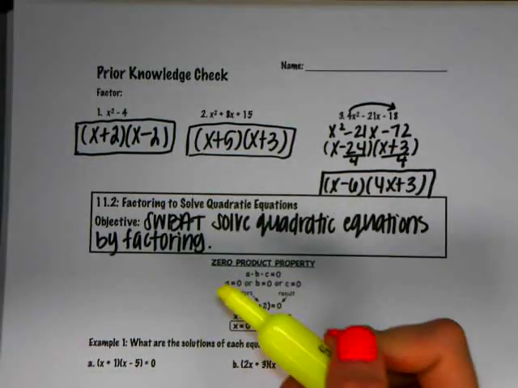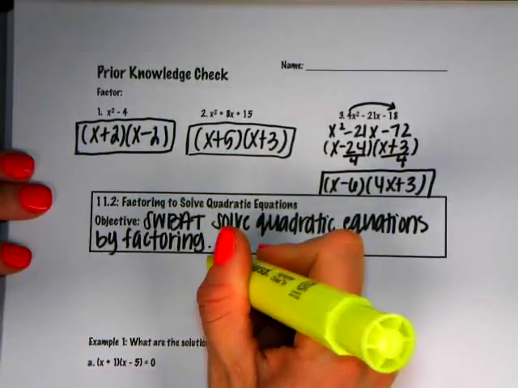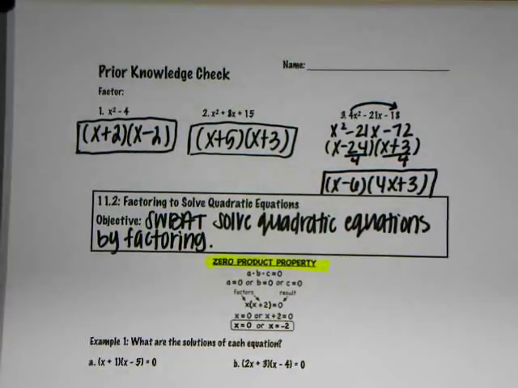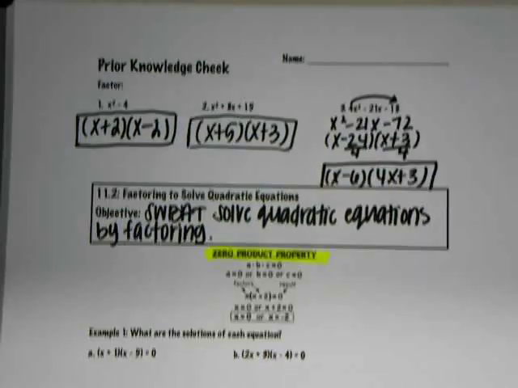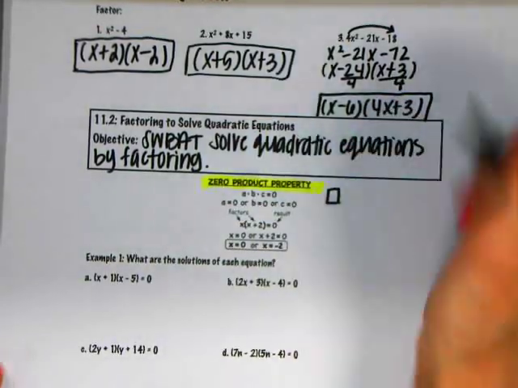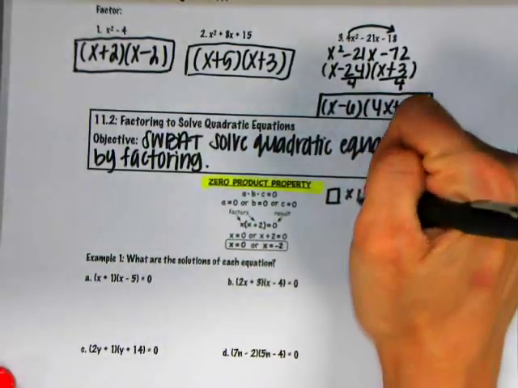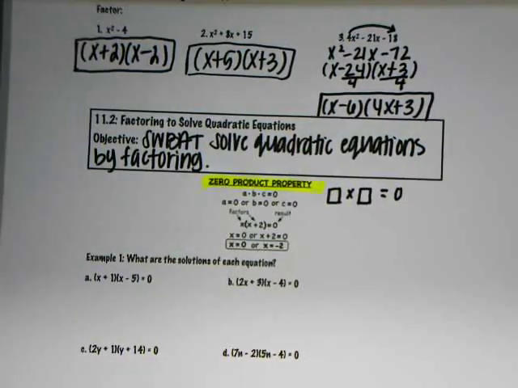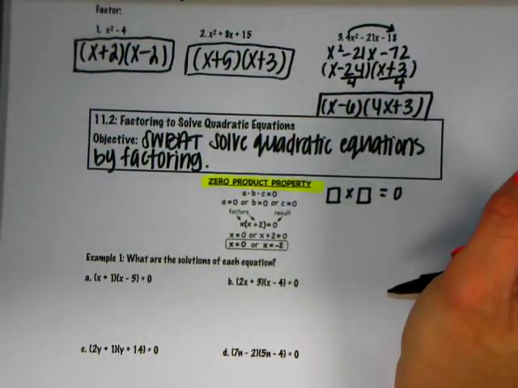So we use factoring and also a specific math property to do this method. That property is the zero product property. It's the main one you are going to hear a lot in math moving forward. What that property basically says is that if you have two things, so I'm going to show empty boxes, if you have two things and you multiply them together and you get 0, what can you say about those two things?